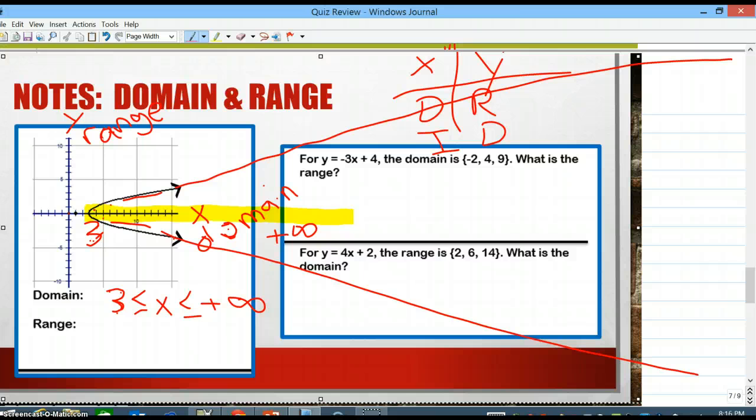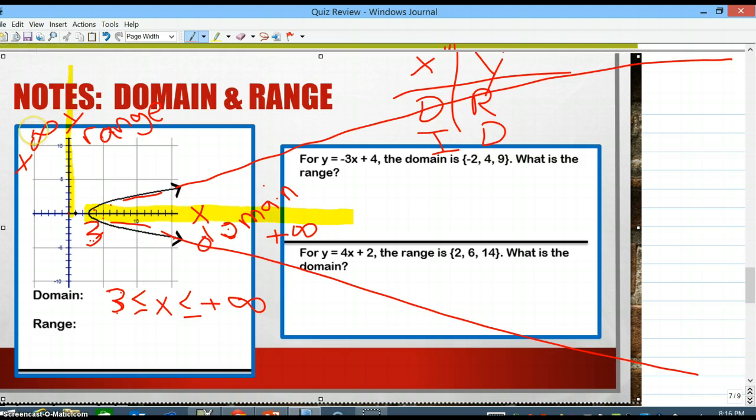Okay, so now let's talk about our range. We're going to start by highlighting the y values that we use. And in this problem, because our parabola continues on upwards forever, our range, or the y values that we're going to use, are going to be all the y's going up, in other words, all the y's going to positive infinity.